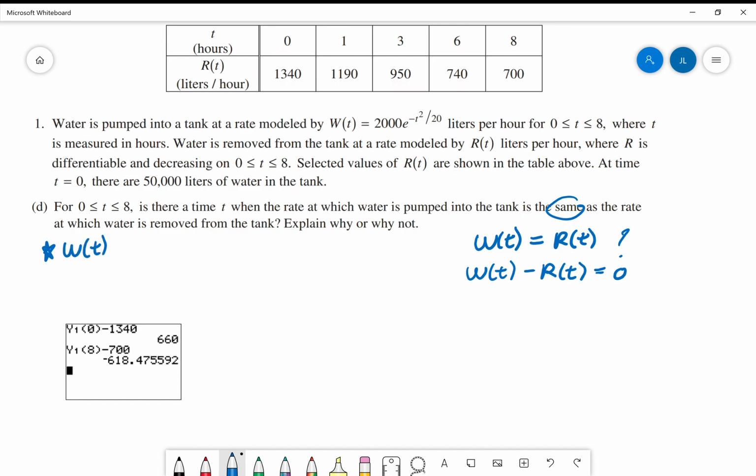We know a few things already. The rate W of t is an exponential function, and therefore W of t is continuous. We also know that R of t is continuous because R of t is differentiable.